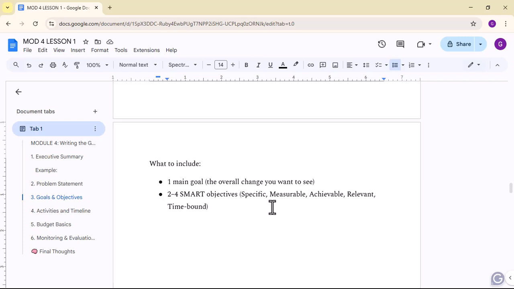Right? So, a tip I have for you on goals and objectives is that objectives should be things you can track and prove later. When you say you want to train 100 peer educators across three schools within 2 months, these are things that can be tracked and proven, because for those 100 educators, you can have their details.